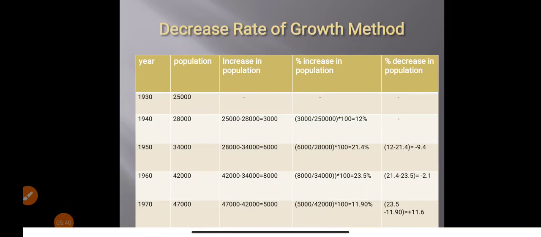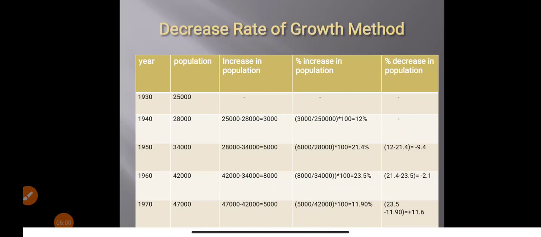In 1970, the population is 47,000, so the increase is 47,000 minus 42,000, that gives the value of 5,000. So this is how to calculate the third column, the increase in population.